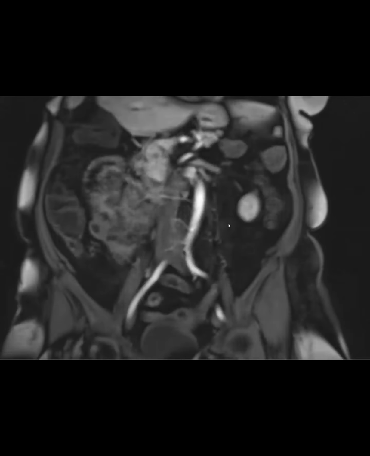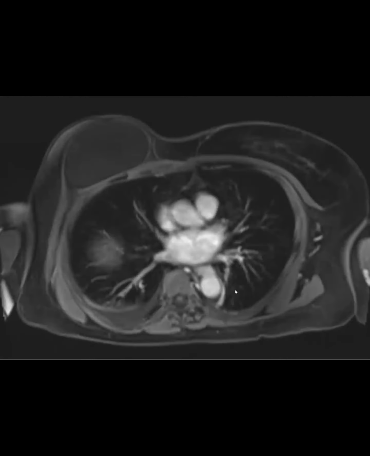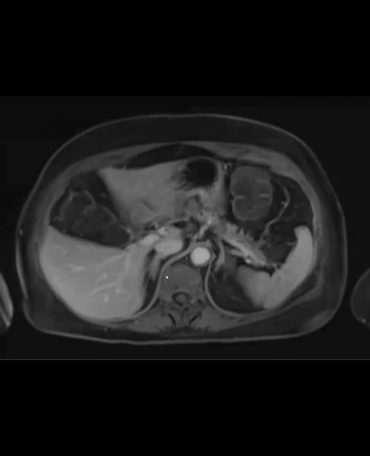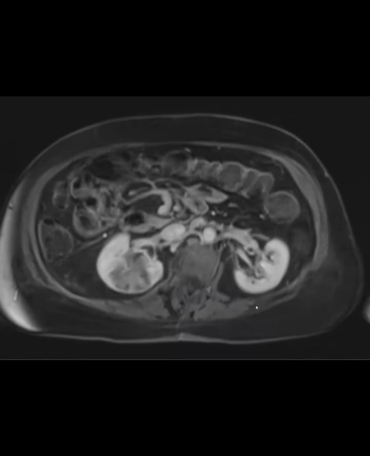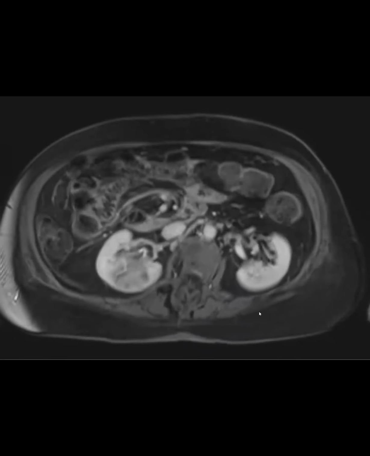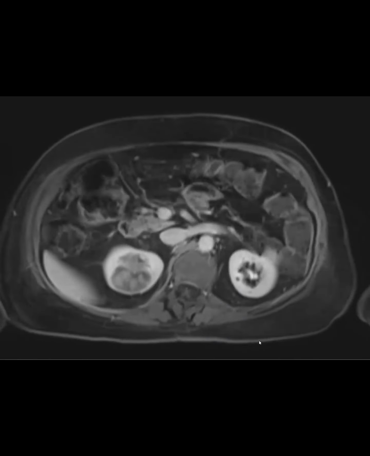Arterial, it was actually a coronal, it looked like this. And more delayed, it looked like this. So what do you guys think about this lesion or process?